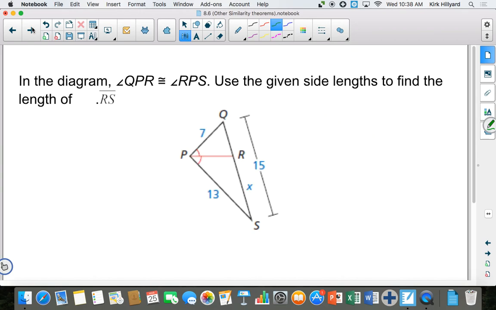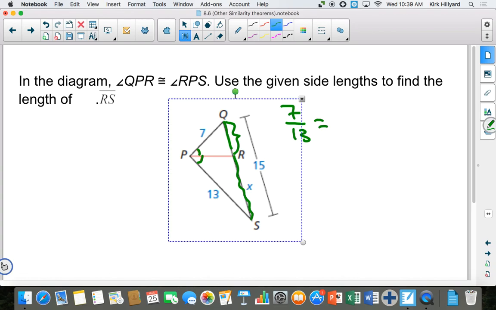So in the triangle, QPR is congruent to QPS. So here's our angles that are bisected. So we know proportionately, this one is proportionate to this one right here. And we know those are set up. So we can go 7 is to 13 as, now when we're trying to figure this side length here, this can be a little bit confusing.